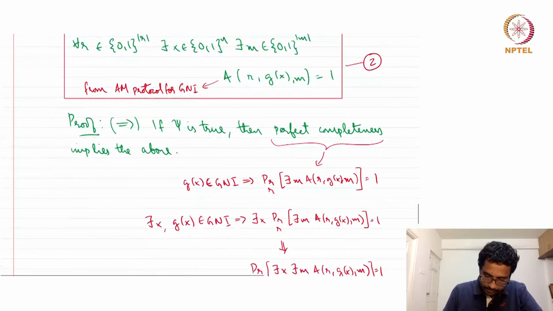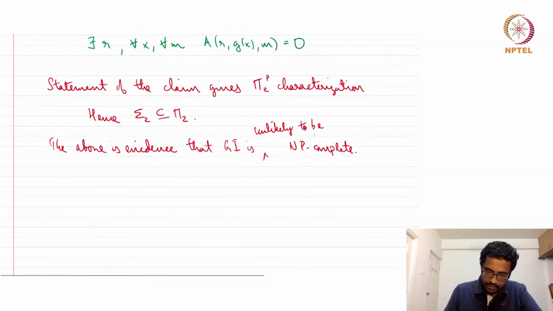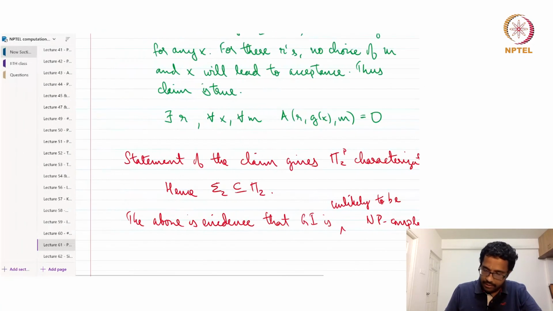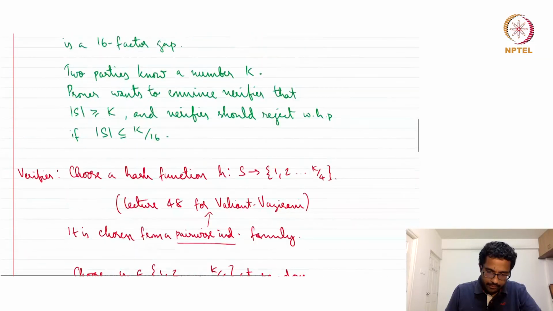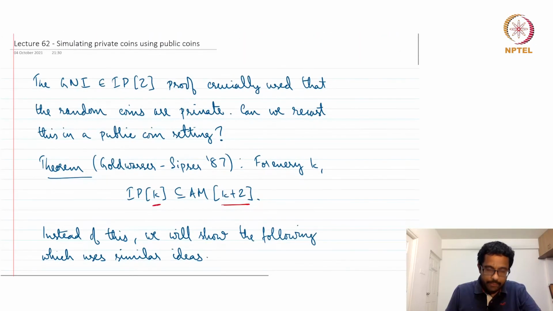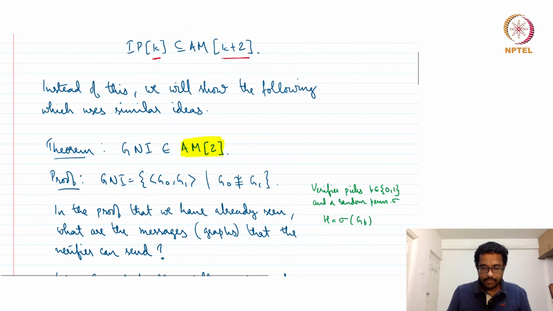And we saw that graph isomorphism is unlikely to be NP complete, and then we saw that you can simulate private coin proof systems with public coins. We didn't see the entire Goldwasser-Sipser theorem, but we saw that graph non-isomorphism has a public coin proof system, whereas what we had seen earlier was a private coin proof system.